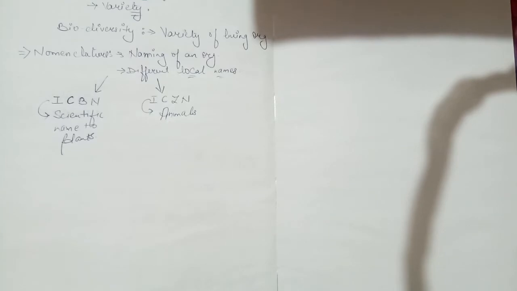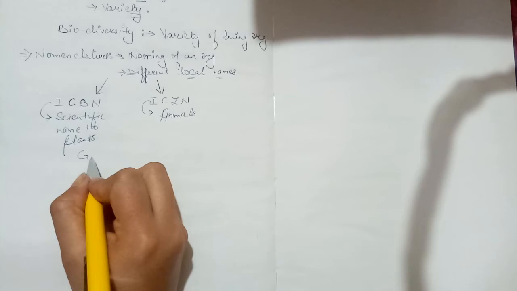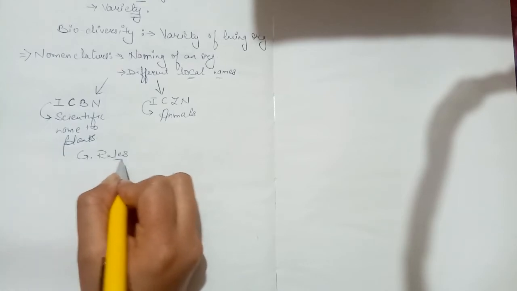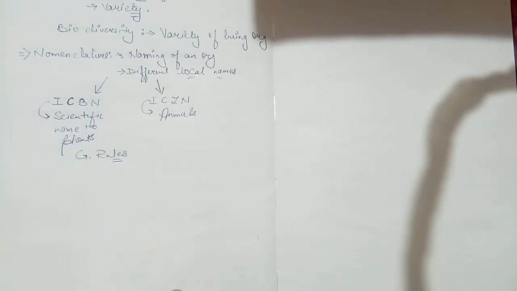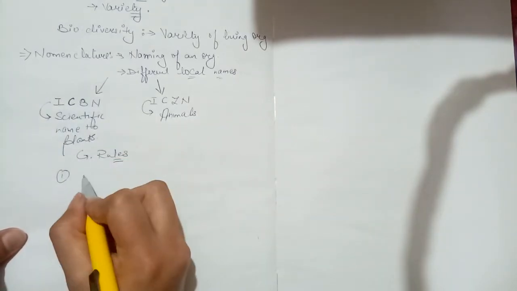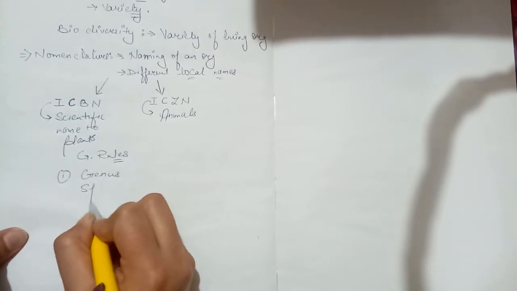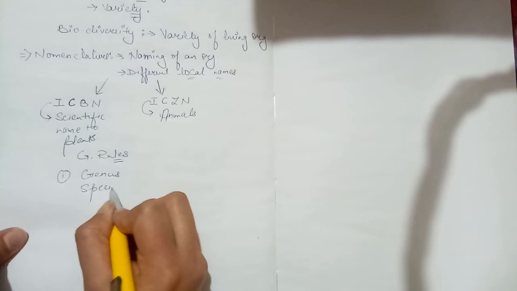For naming any organism, there are some general rules which are to be followed. The first one is that the scientific name of any organism consists of two words: the first is the genus, and the second is the species epithet.